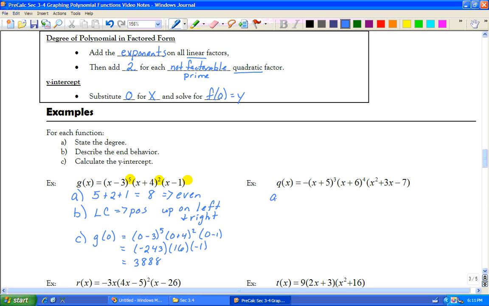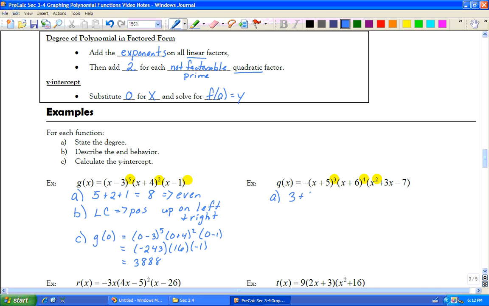Let's take a look at our second example, q of x. Again, let's take a look at the degree of each one of our factors. And this first factor is linear. Its degree is 3. Second factor is also linear. Its degree is 4. But our last factor is quadratic. So we need to account for the 2 inside the parentheses. Even though the degree of that factor outside is 1, it's really quadratic. So let's add those all up.